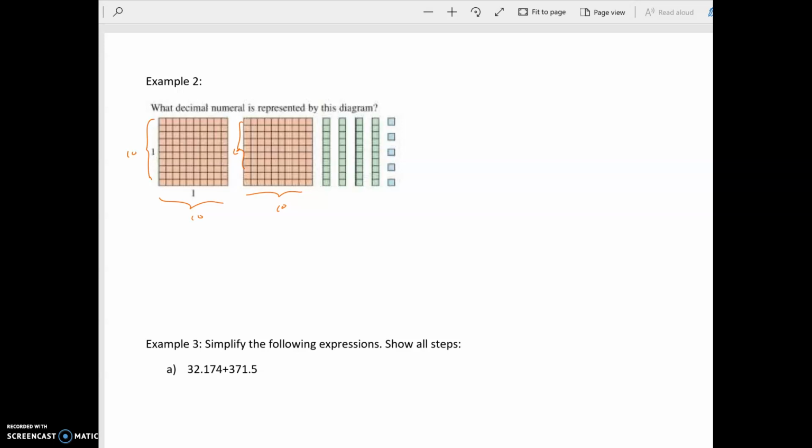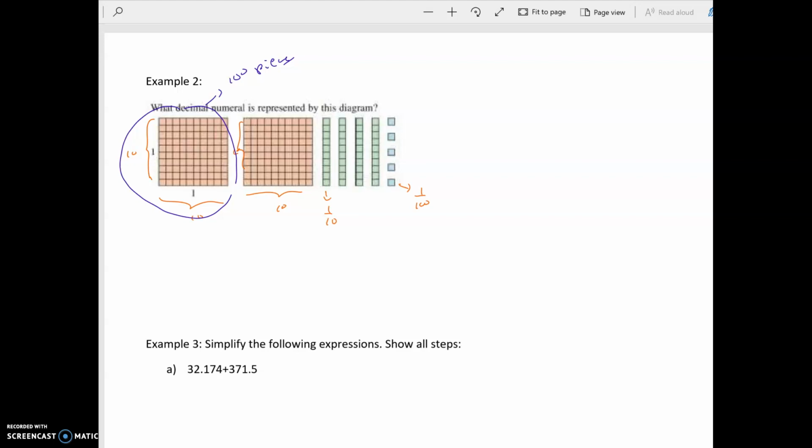Each of these represents 1/10 because it's one of the rows of tens. And then each of these represents 1 out of 100, since the total grid is going to have 100 pieces.